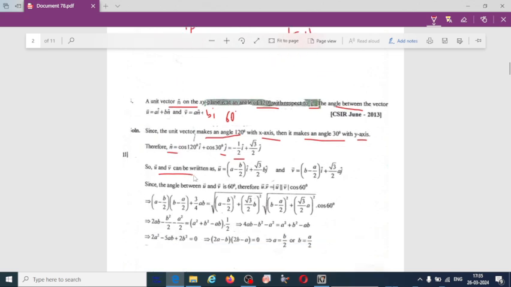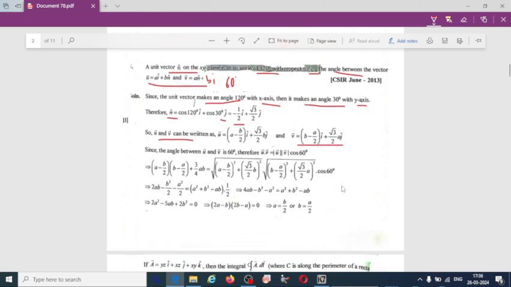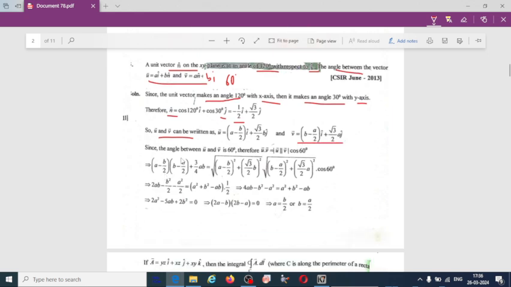So u and v can be written in terms of these vectors. u and v they have given here. Substitute them, you can write the vectors. Then the angle between them is how much? 60 degree. So here dot product of u and v, that is what? |u||v| cos 60 degree.